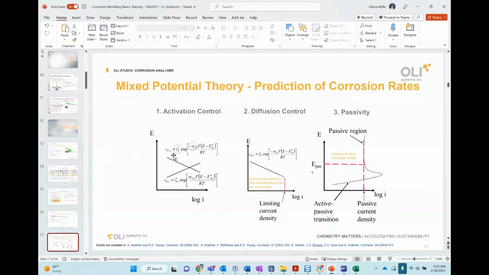This is the activation control of the anodic reactions. We are using the Butler-Volmer equation to calculate this part of the polarization curve. We are also using the diffusion control for the limiting current density. We have the active to passive transition, well, actually this is the fraction surface coverage model that we use to reproduce the passivity.